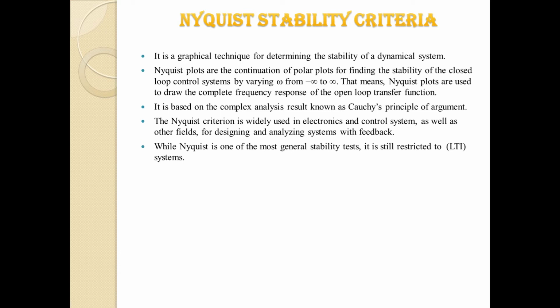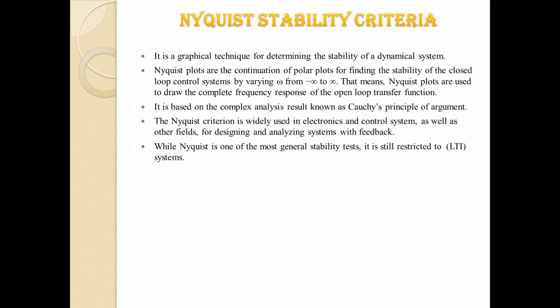If a system returns to its equilibrium state after the inputs given to the system are removed, then that type of stability is known as absolute stability. And the relative stability is the measure of how fast the transient dies out in a system.